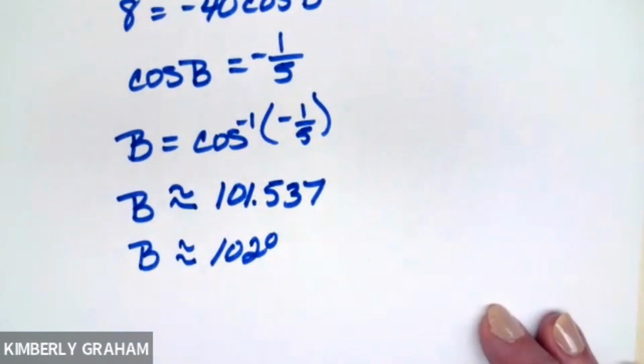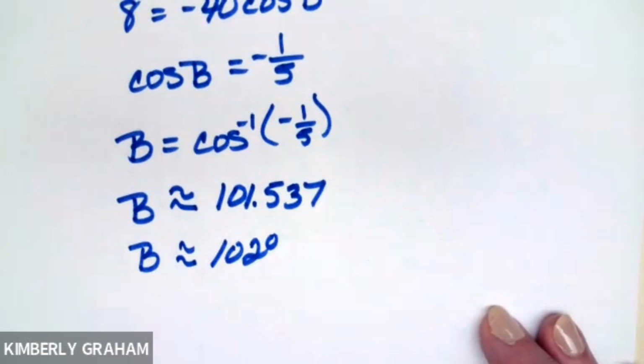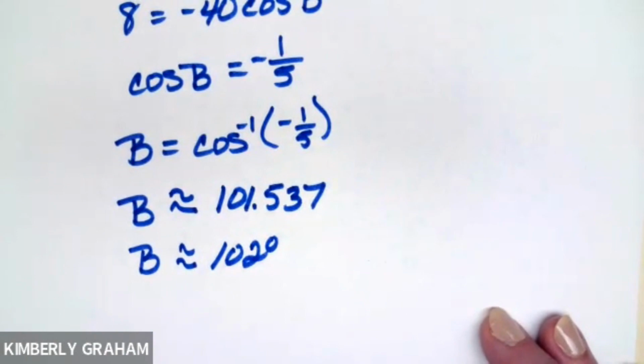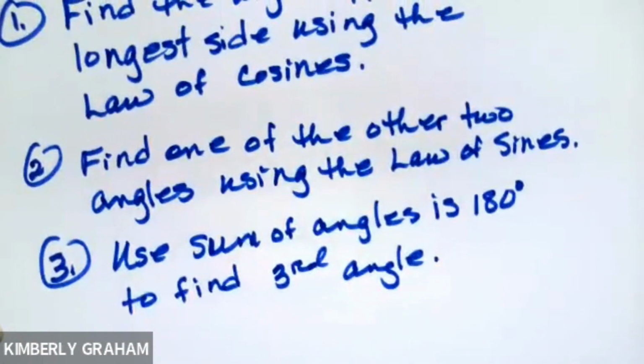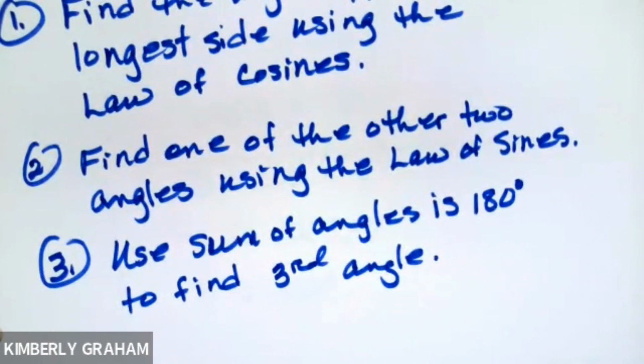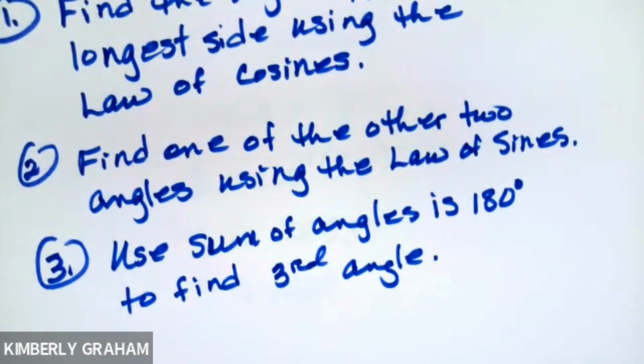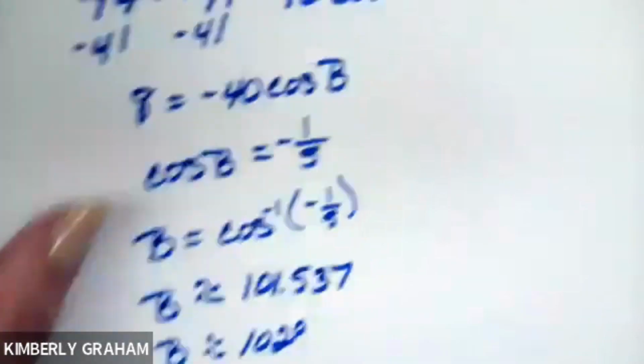All right, so now I know what angle B is. So I need to find one of the other two angles using the law of sines. It doesn't matter which one. I think what I did was just do them in alphabetical order.